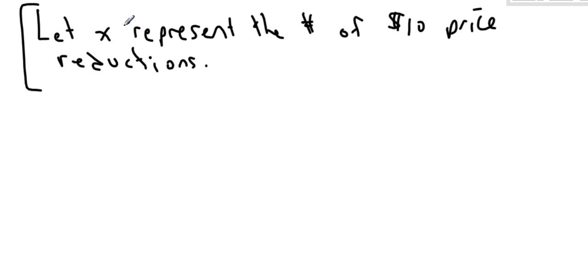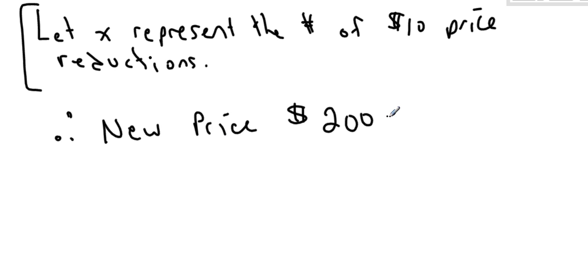Let X represent the number of $10 price reductions. Therefore, the new price of our ski jackets is right here. It was originally $200, but we're decreasing the price $10 for every X. Does that make sense? Good.